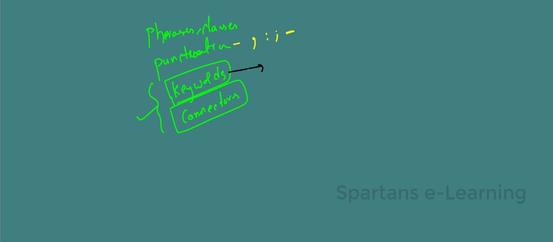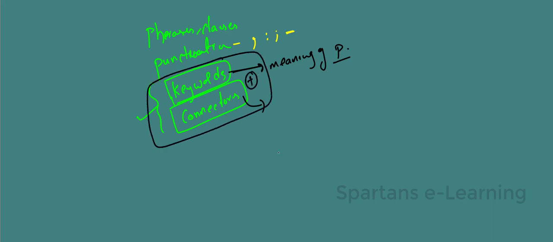Keywords convey the meaning of that particular phrase. Connectors modify the meaning conveyed by the keywords. They may support the meaning conveyed or they may reverse it. Hence the final answer will always depend on connectors plus keywords, and this is the best strategy to deal with text completion.